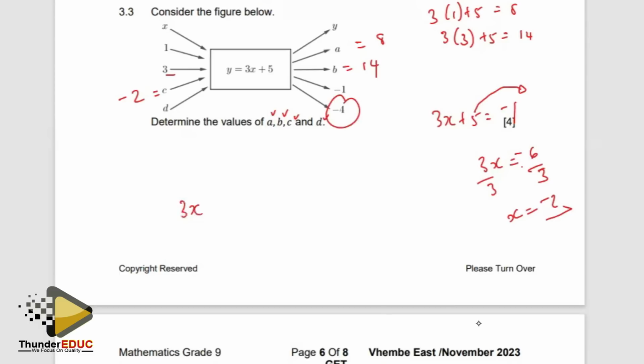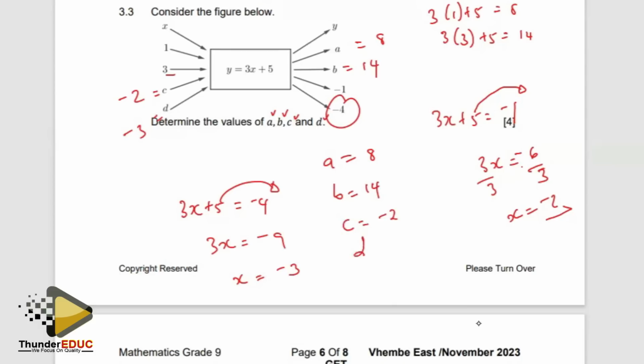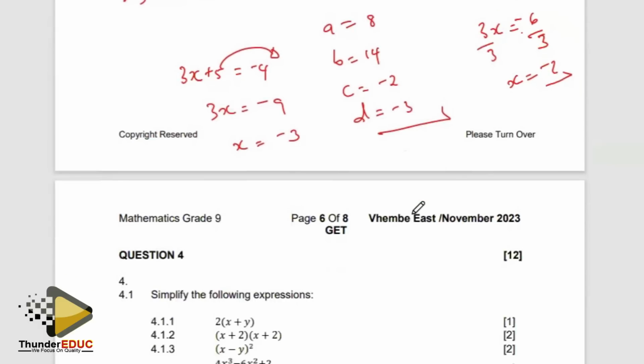So 3x plus 5 is negative 4. When I move that side, 3x becomes negative 9. Divide both sides by 3. That's a negative 3. So which means A is 8, B is 14, C is negative 2, D is negative 3. So that is question 3.3 and question 3 as well.